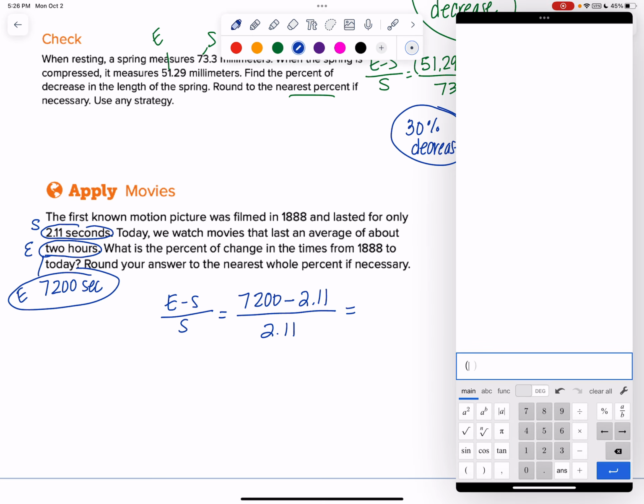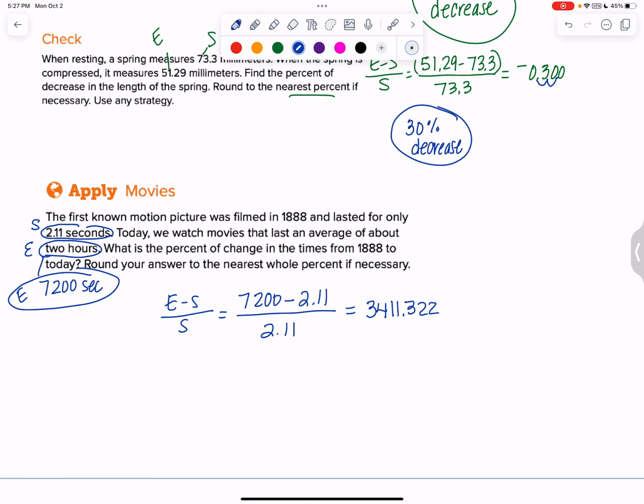So in parentheses, 7,200 minus the start of 2 and 11/100ths divided by the start, and we get this number, 3411.322 and so on. That'll be good enough for right now because it does say we're allowed to round.